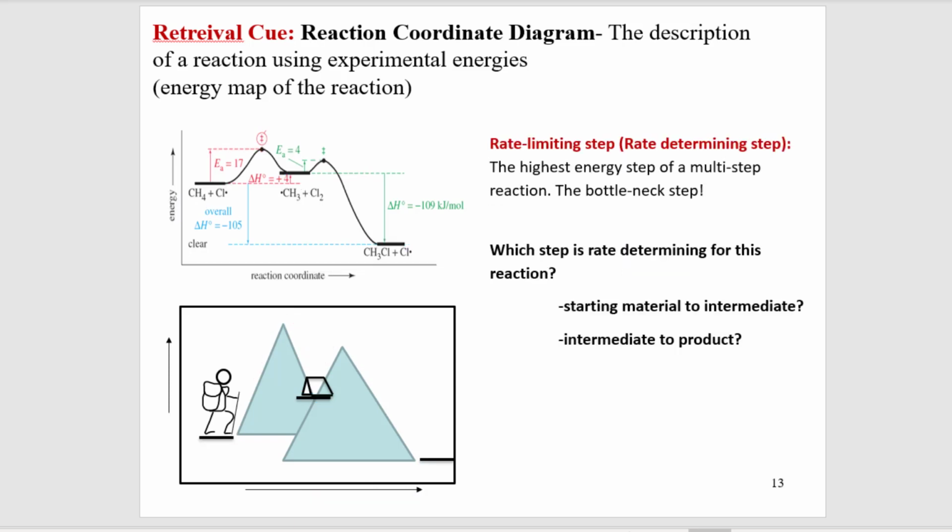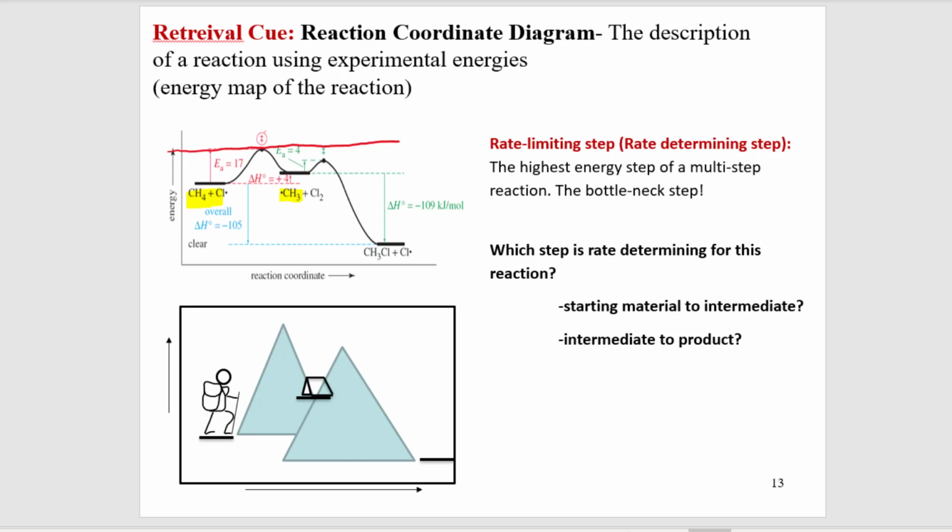How about rate limiting step? Well, this is also given to us in the energy coordinate diagram. How do I know? Well, it's the highest energy step of a multi-step reaction, or the bottleneck. So if I had my starting material, right, there's my methane, and I see that from the methane to the CH3 radical, that energy is the highest, right?